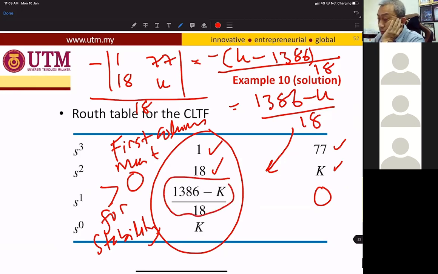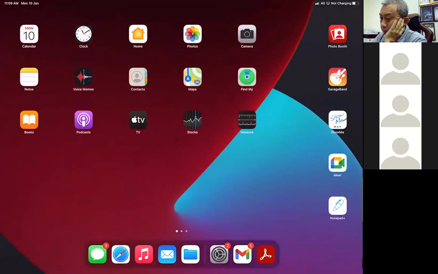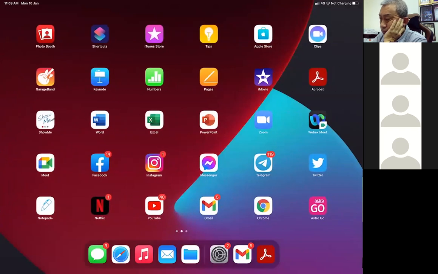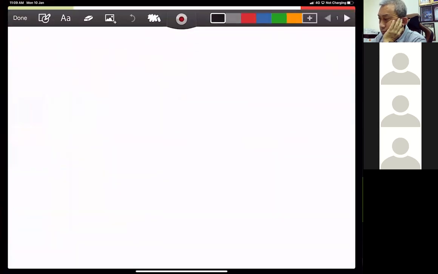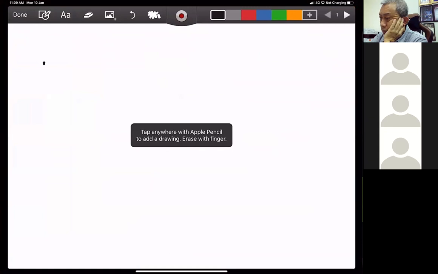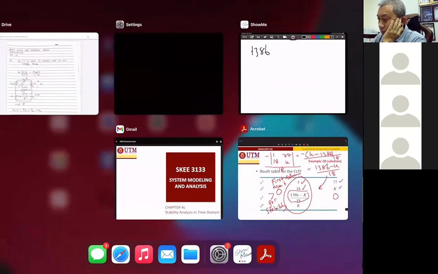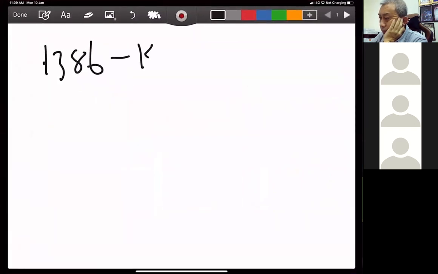So (1386 minus K) divided by 18 must be greater than 0.